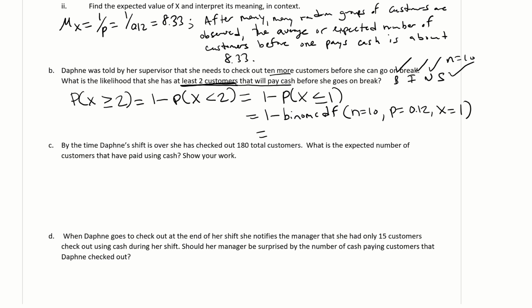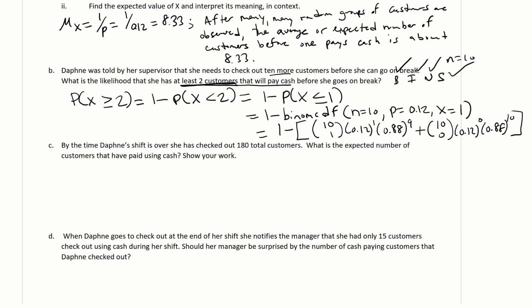Okay. So if you were to use the formula for binomial, you could just use a formula like this: 10 choose 1 times 0.12 to the first power times 0.88 to the 9th power, plus 10 choose 0, I forgot to do that, let me just do that now, 10 choose 0, 0.12 to the 0 power, 0.88 to the 10th power.